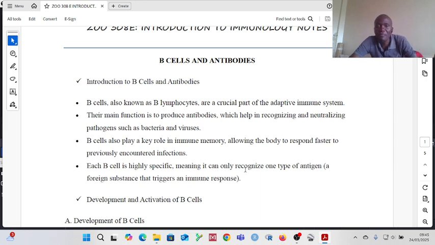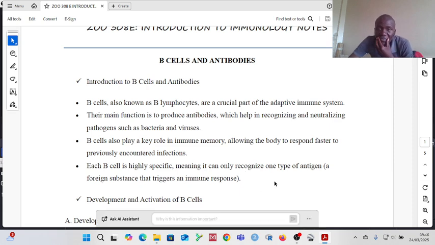Because they will now remember that you were exposed to this infection at some point, and therefore they will be mobilized faster. So each B cell is highly specific, which means it can only recognize one type of antigen.